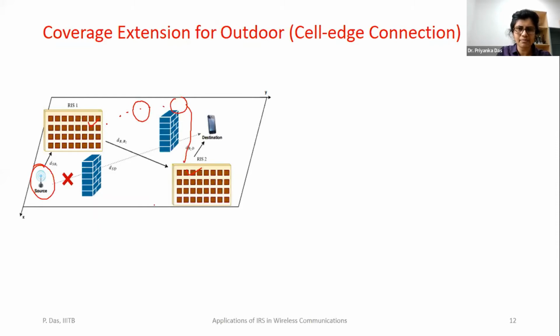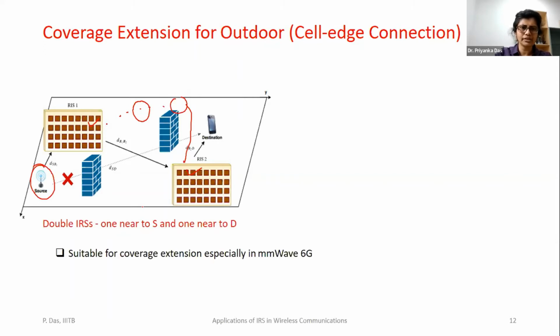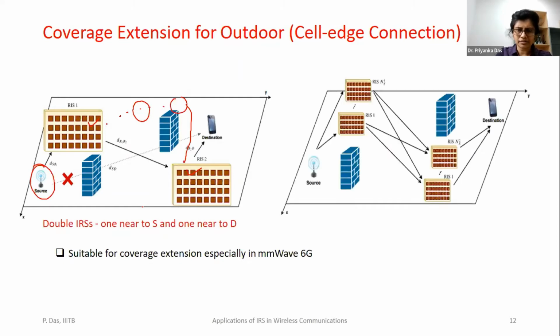But just to get some hands-on idea of what is happening theoretically and mathematically, to compare with our intuitions, we have to do some math. Otherwise, you do not have any proper justification of how this will affect your performance analysis. So just start with double IRS for coverage extension.